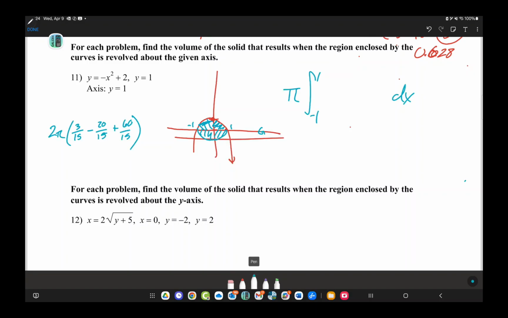My radius is the distance of my function to the line of rotation, which would be the function minus the line of rotation. So yeah, negative x squared plus 2 minus 1 squared, which does become just plus 1.